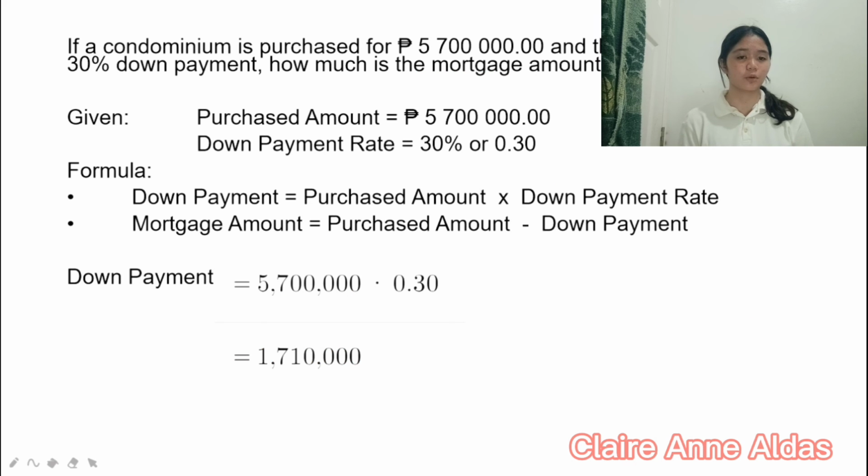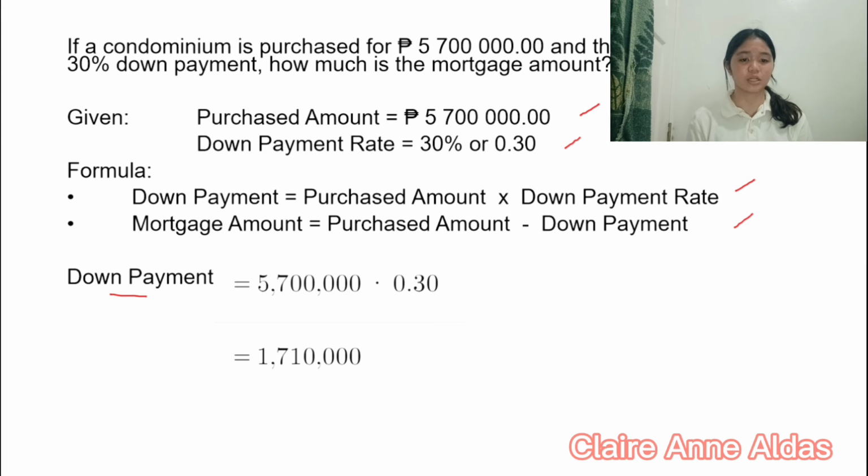In this problem, our purchased amount would be 5,700,000 and our down payment rate would be 30% or 0.30. In getting the down payment, we will multiply the purchased amount by the down payment rate. In getting the mortgage amount, we will subtract the down payment from the purchased amount. We will get first the down payment by multiplying 5,700,000 by 0.30 or 30% and that will equate to 1,710,000.